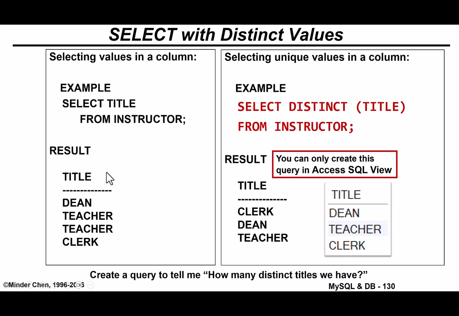And so in this case, the result set would display as dean, teacher, and clerk. However, if we add the distinct reserved word before title, then we're going to remove the duplicated title and only show dean, teacher, and clerk.